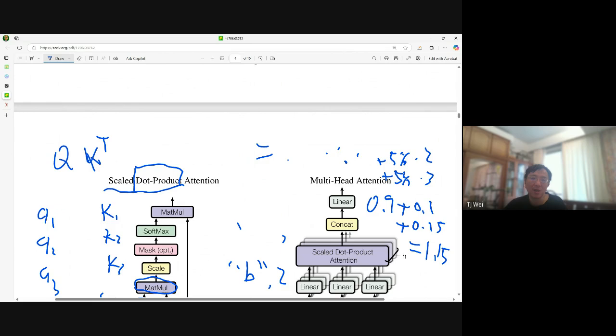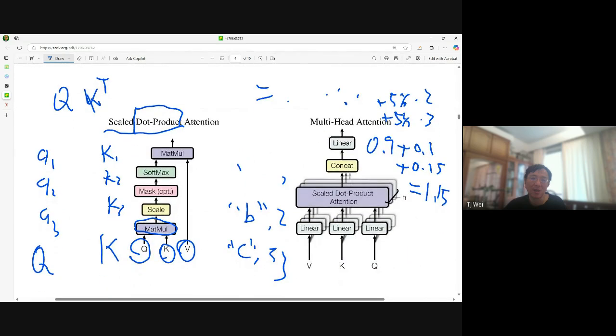Okay, to simplify the explanation, let's consider just only one query. The case of one query and the 3 different keys and values. So we do Q1, K1 here. So we have Q1 dot K1, Q1 dot K2, Q1 dot K3.